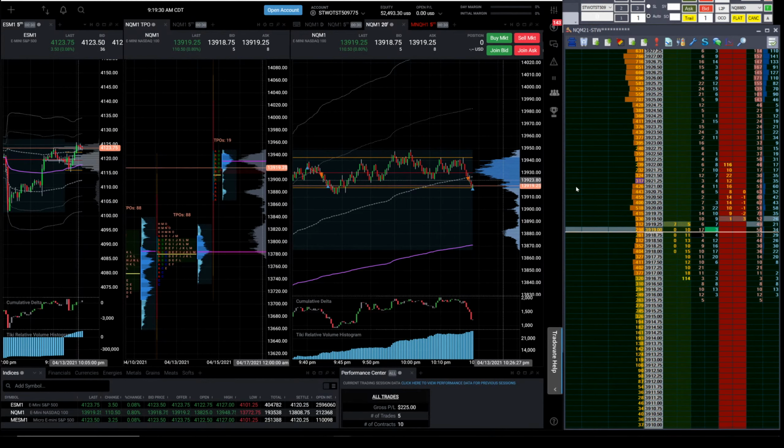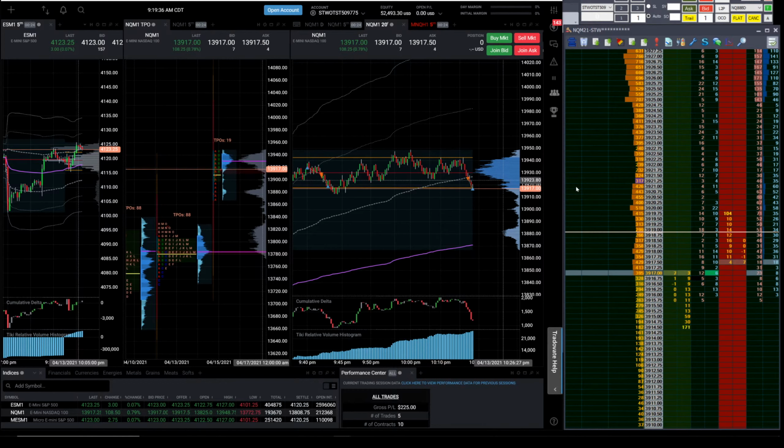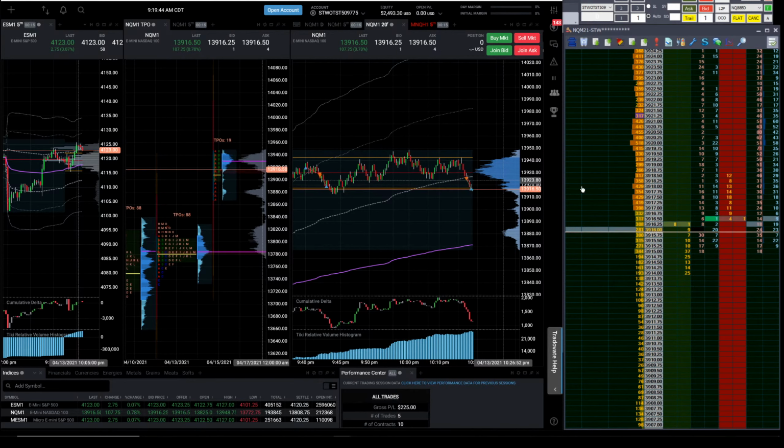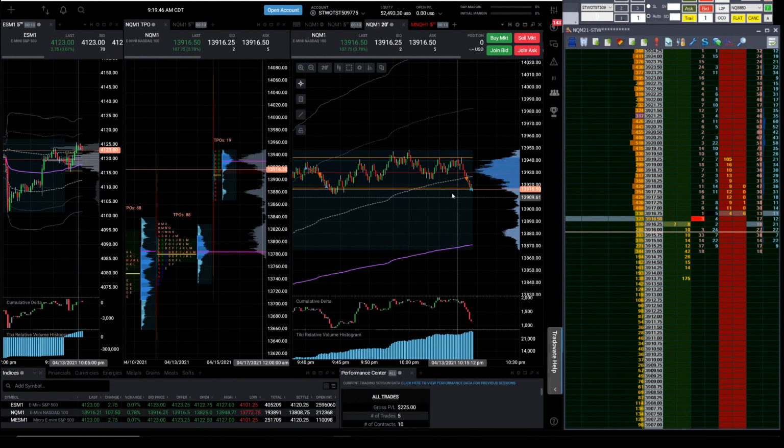You see how the bracket moved there, even though I was running the protection. That makes for a little bit easier trade for me. However, of course, had I not let that bracket hit, we had the potential of that target.